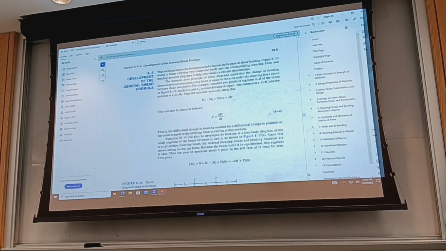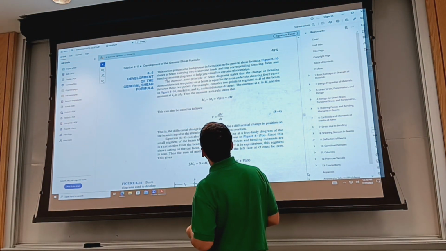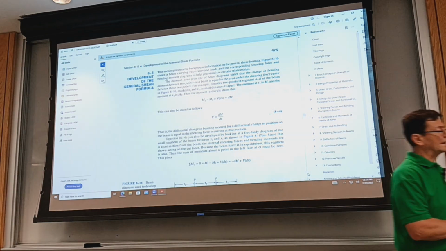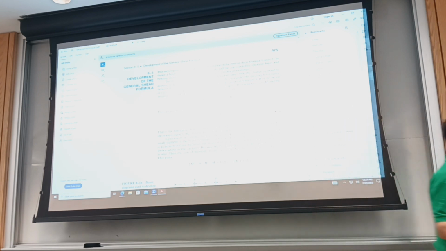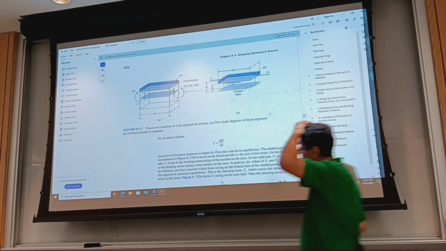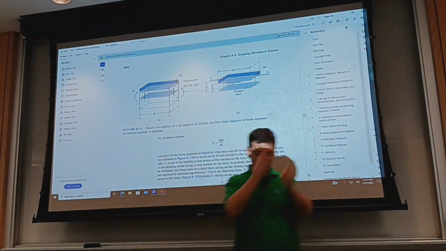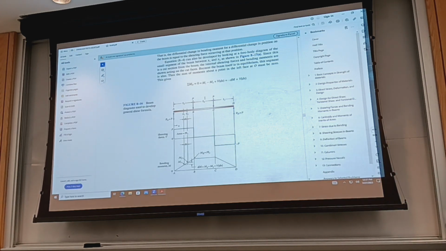The next section explains how that formula, VQ over It, where does it come from? So it's from the equilibrium of an infinitesimally wide piece of the beam. Okay, so you have the beam and you slice a small slice of the beam.